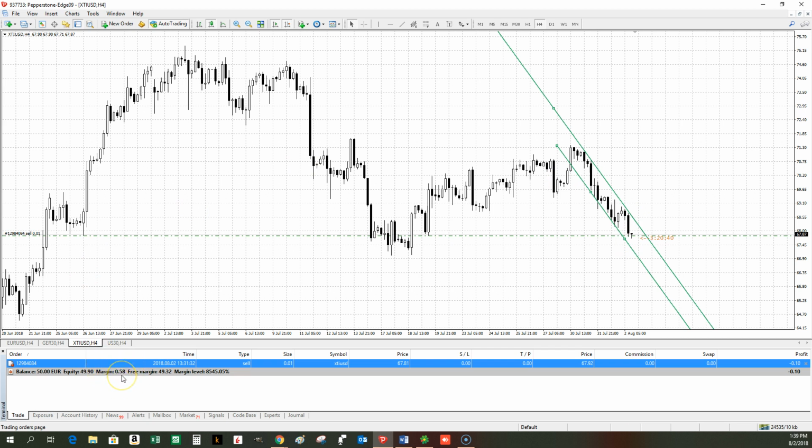Okay, so it's a great asset. As you can see, the margin is very, very small, and it's a great asset because you can do a real average down strategy with this asset, because you can open even 10 positions of 0.01, which will give you a 5.80 euro margin. So if you open 0.10 lots, you have 5.80 euro margin.